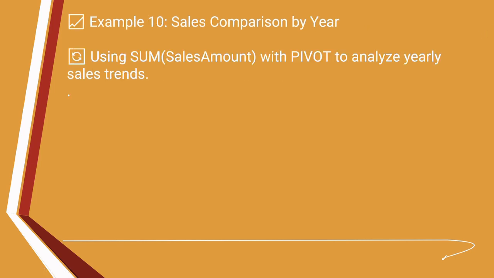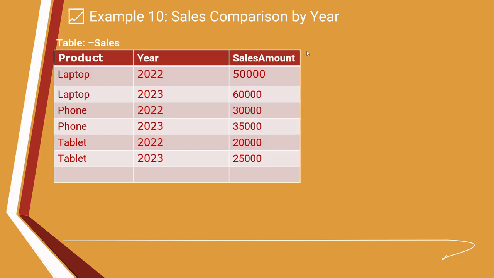Now, let us analyze how sales have changed over the years for each product using SQL's pivot feature. Our sales table tracks sales amounts by product and year, a typical dataset for financial reporting.